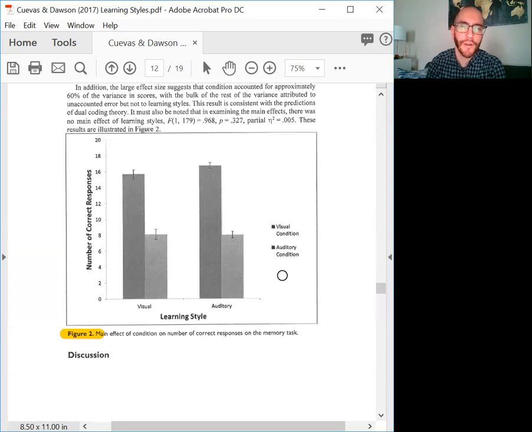Focusing on this figure as the main set of results that you're going to use to, in part, inform the recommendation that you're making to this school system. And I want to just walk you through this graph briefly here. So here on the y-axis, we have the number of correct responses on this assessment that students completed to assess their learning in this study.